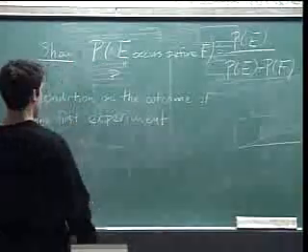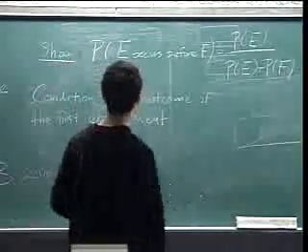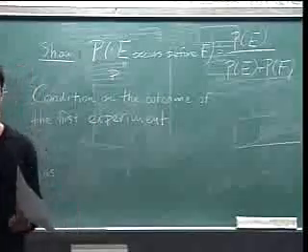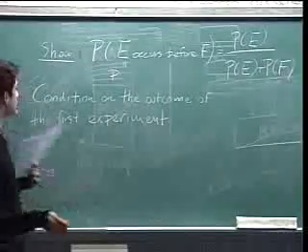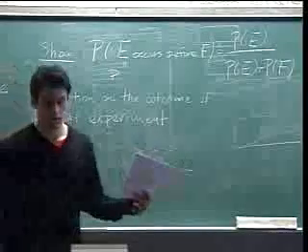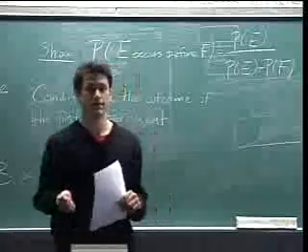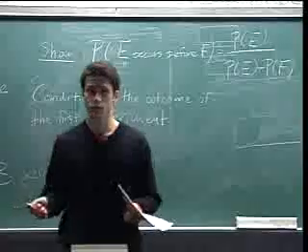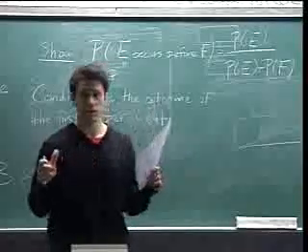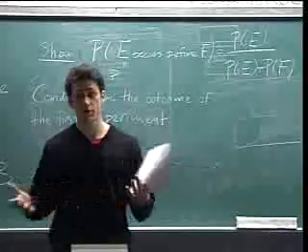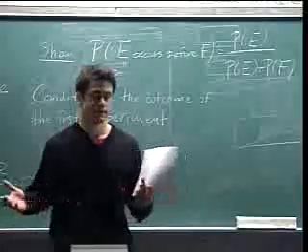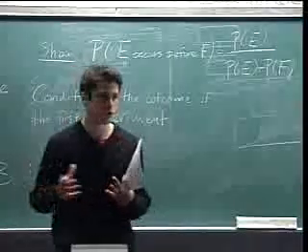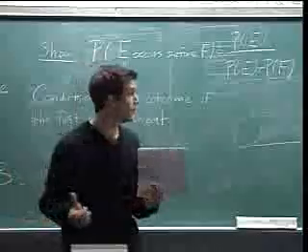There are three things that can happen in the first experiment. It could result in event E, it could result in event F, or it could result in neither of the two. Those are the only three possibilities, and of course they're disjoint. You can't have two of those three happening at the same time.